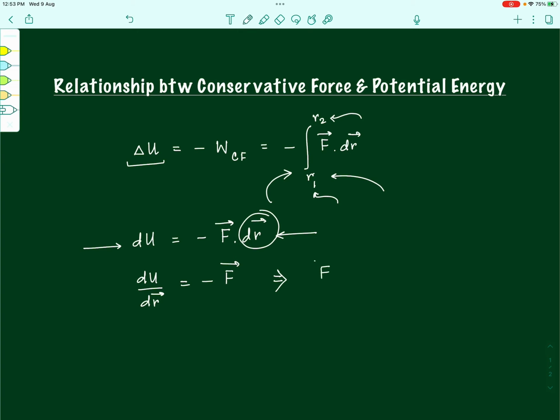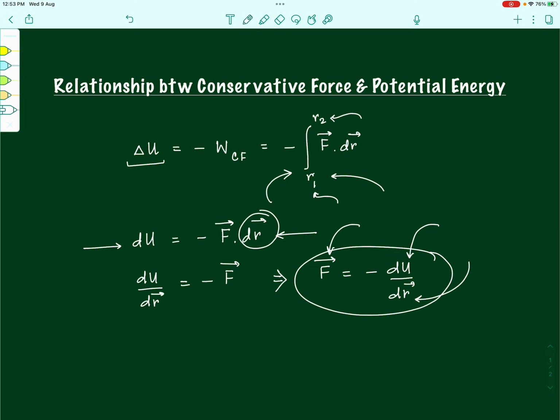What do we get from here further? We get F is equal to minus of dU by dr. Now, this is a special type of equation. What is this equation? This equation says that we can obtain the force acting on the body F if we know its potential energy function and if we can differentiate it with respect to the radius vector r.